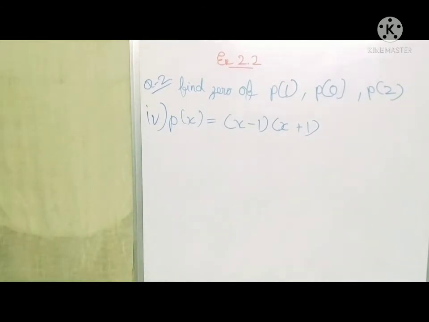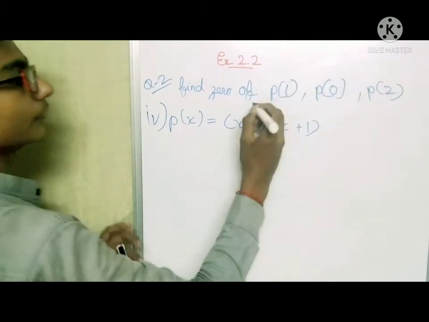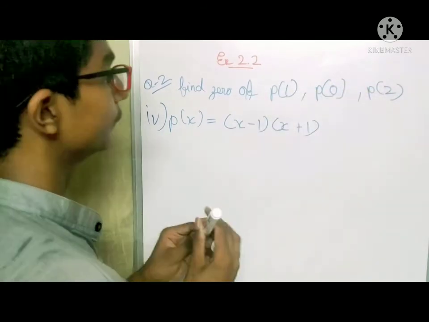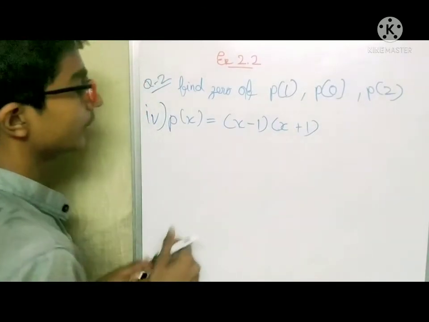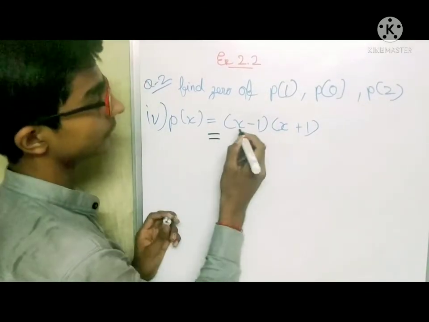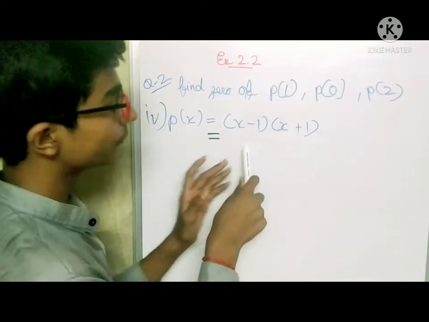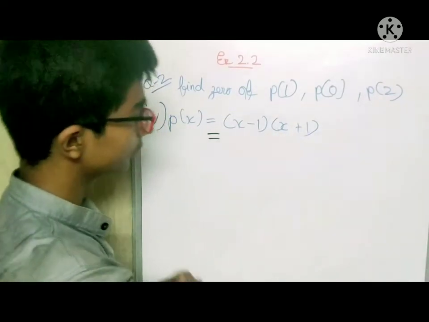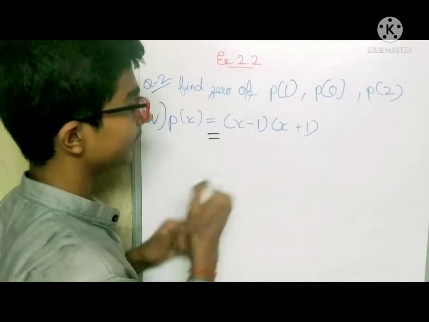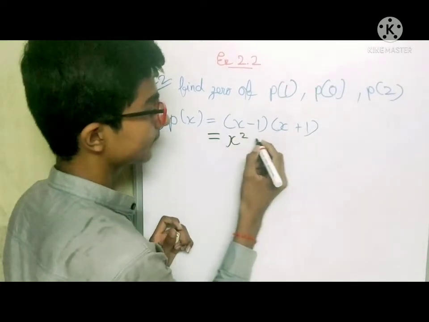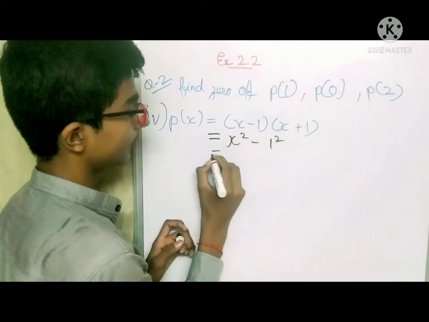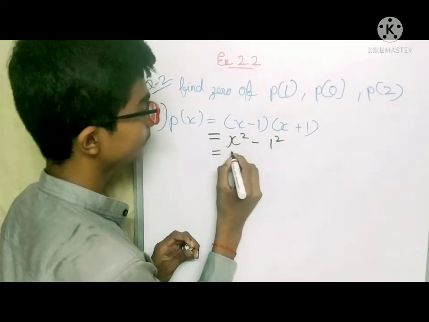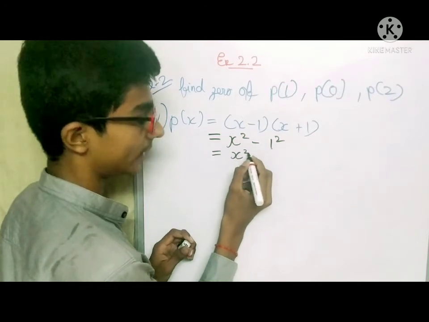Here we are going to first simplify this equation. No, we are not going to do it that way, x minus 1, x plus 1. We are going to simplify it another way, that we are going to take x square minus 1 square, which is x square minus 1.